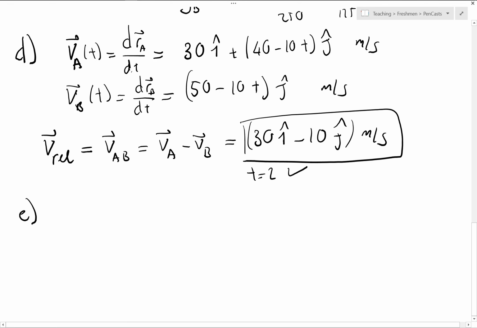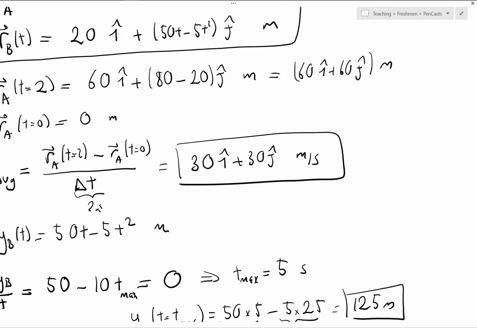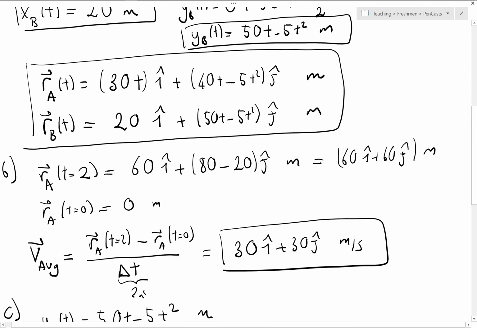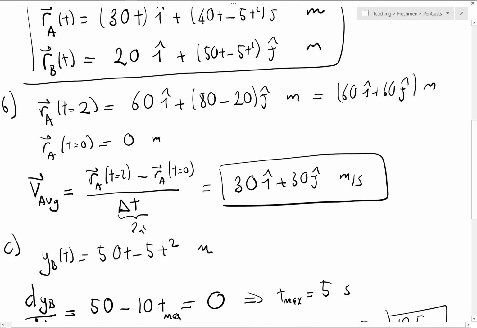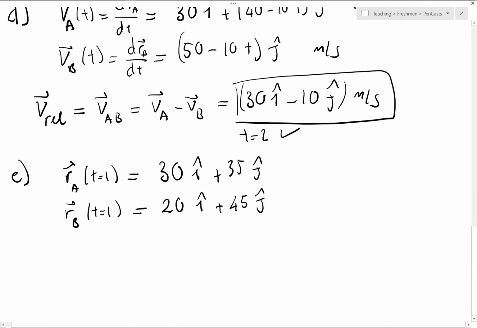How about RB at t equals 1? The x component of b was always 20. The y component is 45 j hat, yes.